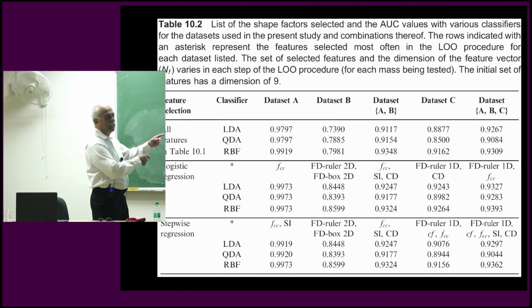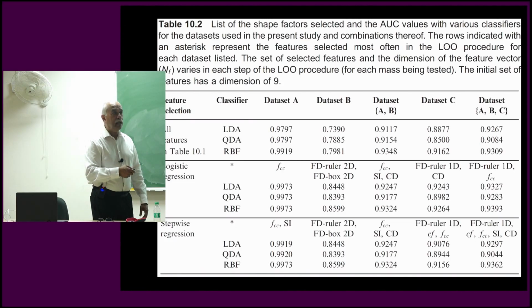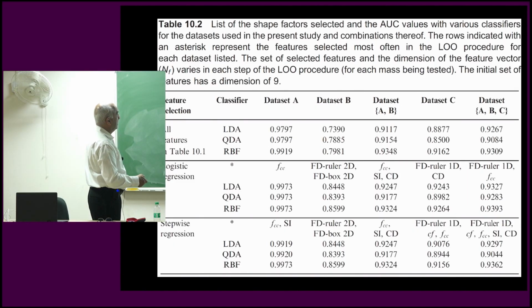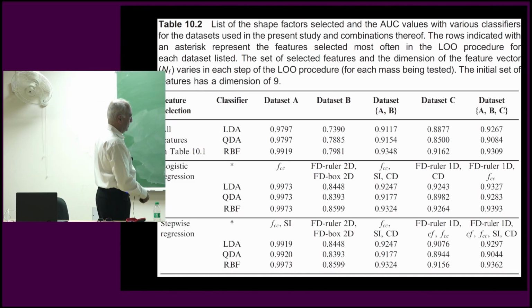You train with this and test with that and put them together or not, and then use different classifiers, linear discriminant, quadratic discriminant, radial basis. I think Dr. Narasimhadhan will talk about some of these classifiers later. And different data sets, train with this and test with that, all of that.